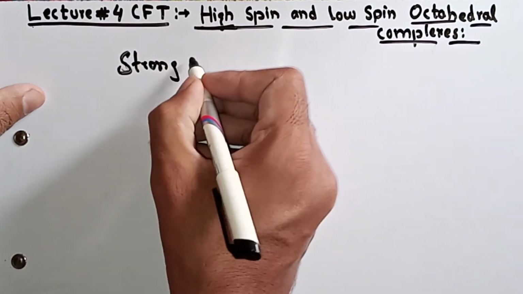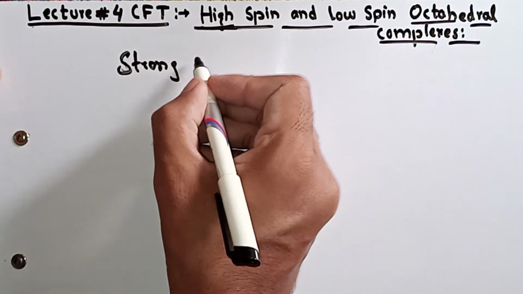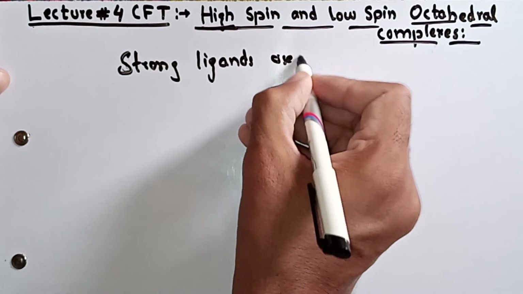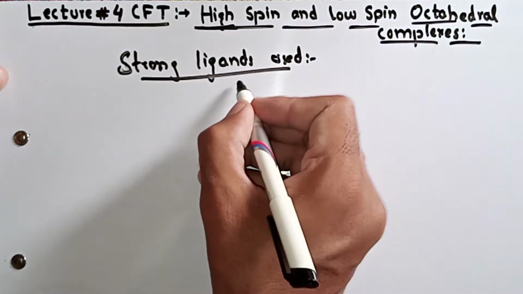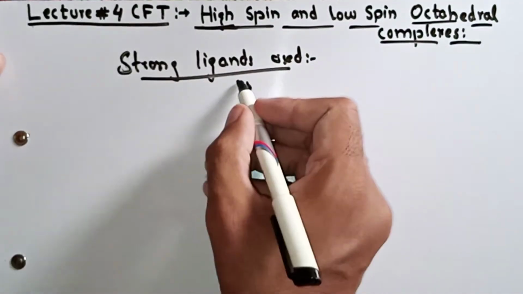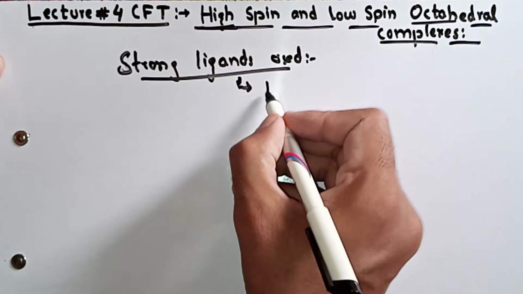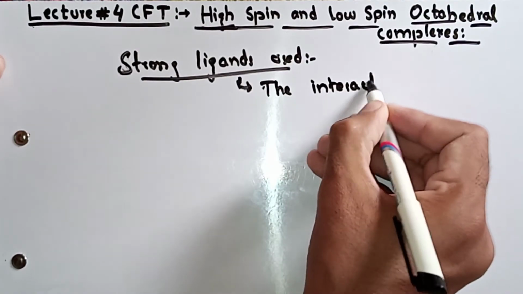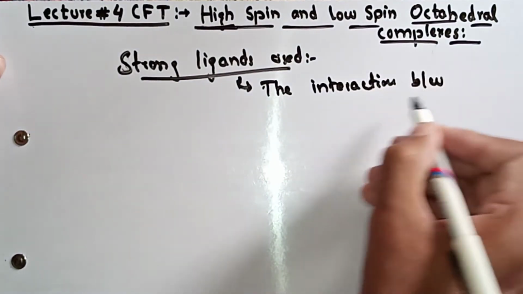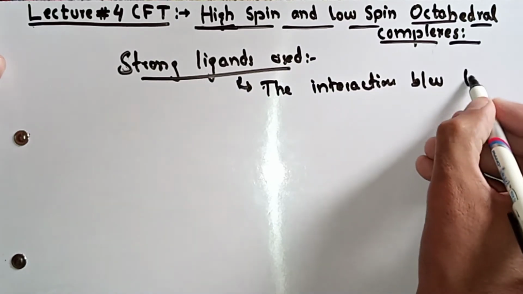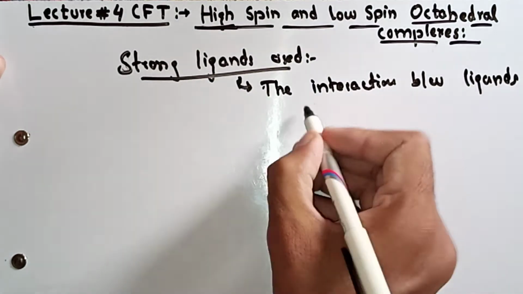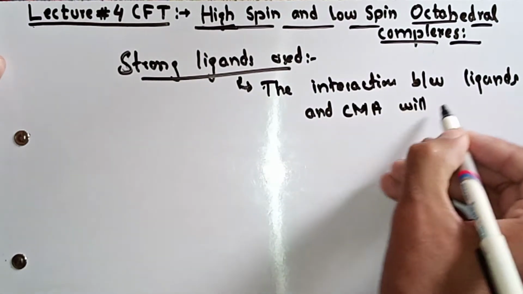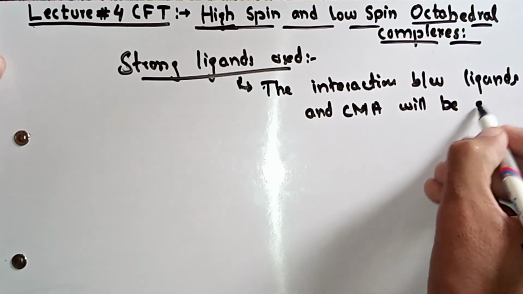Here, if a strong ligand is used in octahedral complexes, what will happen? Due to the strong ligand, the interaction between the ligands and the central metal atom will be strong.